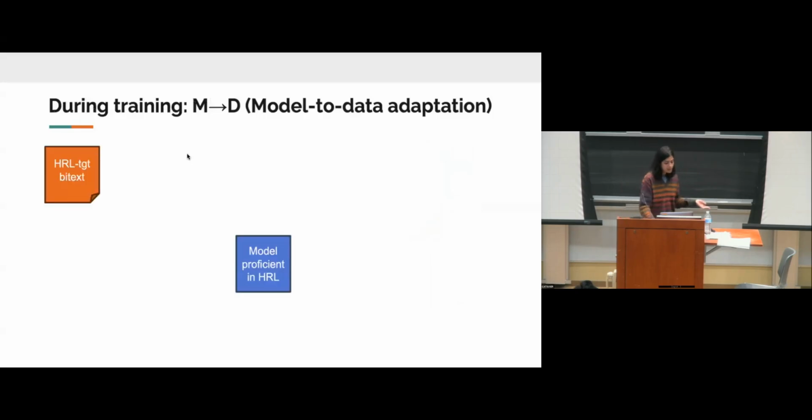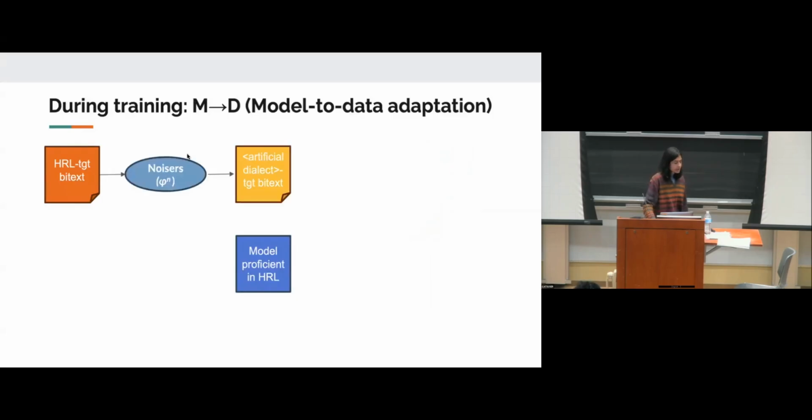And this is MTD. We have this model, we have our HRL target bitext, and we already have a good way to model our dialectal mechanisms from 15 minutes ago. If you dozed off, that's fine. The main thing to remember is that we are able to, using some linguistic principles, generate a bunch of data that looks like it might belong to some fake dialect of the language.